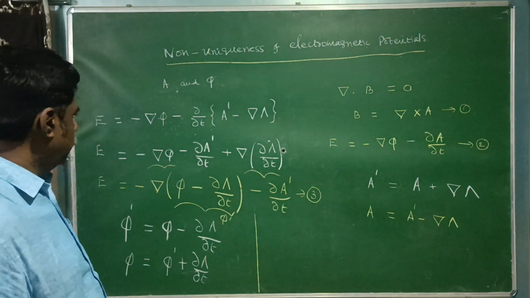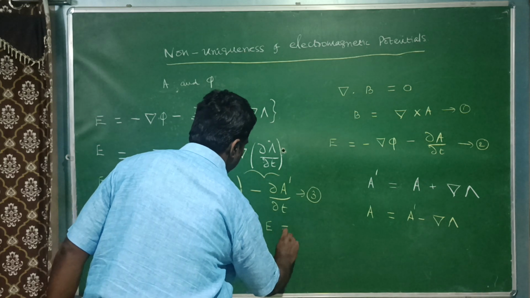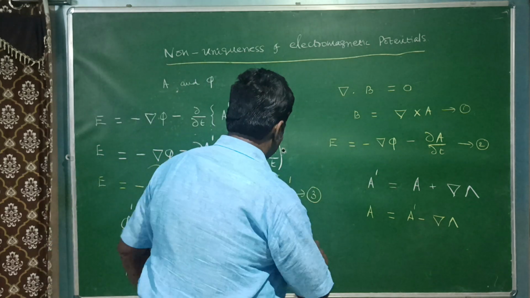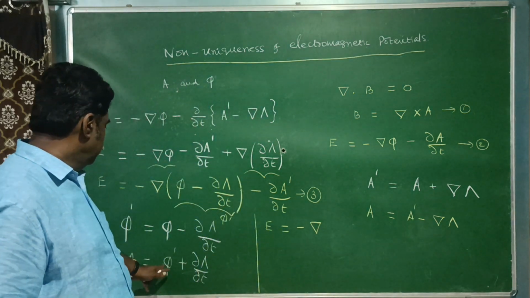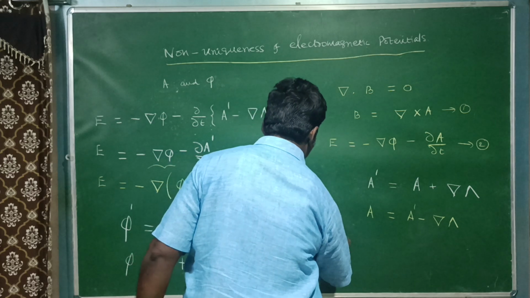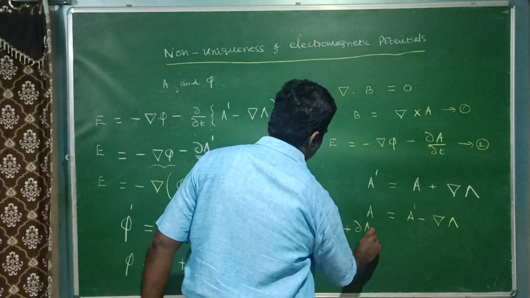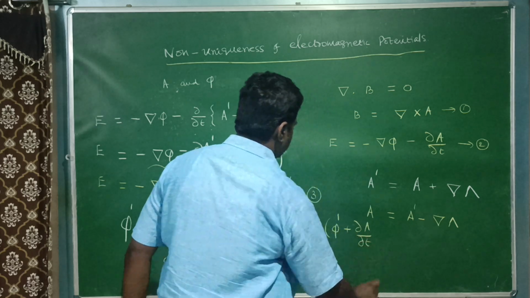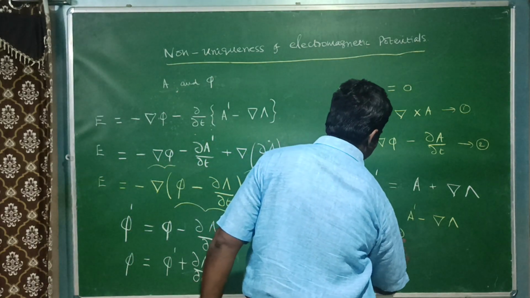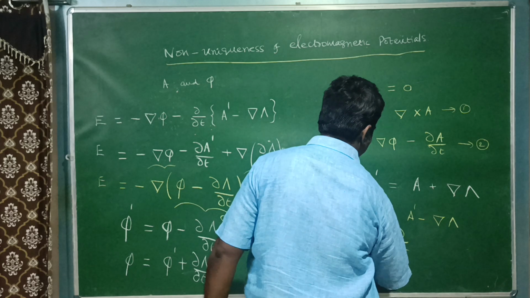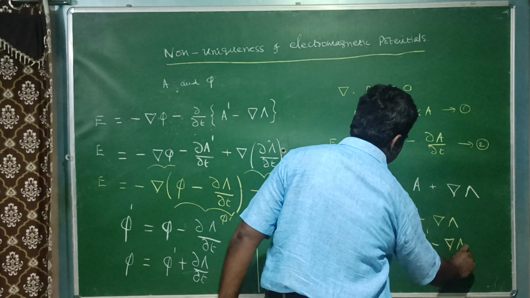Now we can write the value of electric field E equal to minus gradient of phi. Substitute this value of phi dash plus dou lambda by dou t, then minus dou by dou t of A dash minus grad lambda.